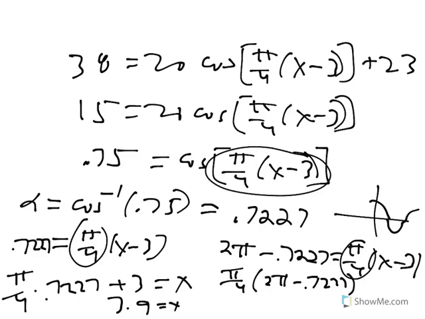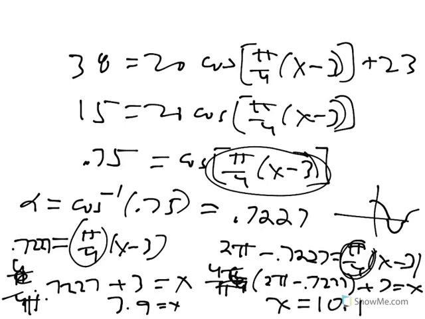Sorry, I made a little mistake here. This is 4 over pi. I'm getting rid of the pi over 4 by multiplying both sides by the reciprocal, plus 3 equals x. And when you pop that into the calculator, you get x is equal to 10.1.